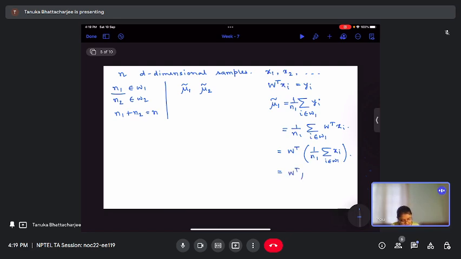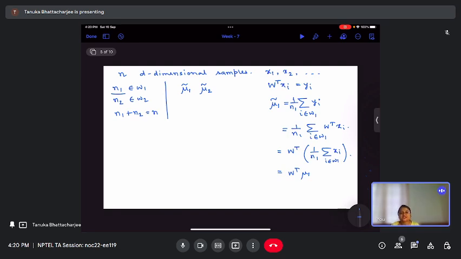So it will become W transpose mu1, where mu1 is the mean of the d-dimensional data points belonging to class omega 1. Similarly, you can compute the same for class omega 2.